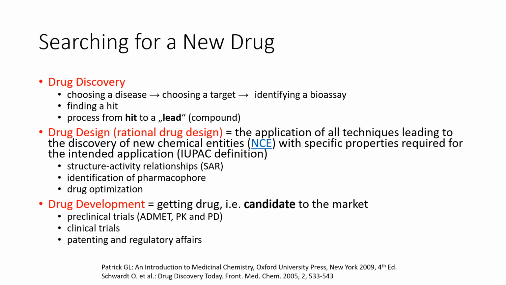And in this step, the hit molecule or molecules are somehow modified with the intention to explore structure-activity relationships, identify the pharmacophore in the molecules, and also drug optimization is important in terms of optimal pharmacokinetic properties.